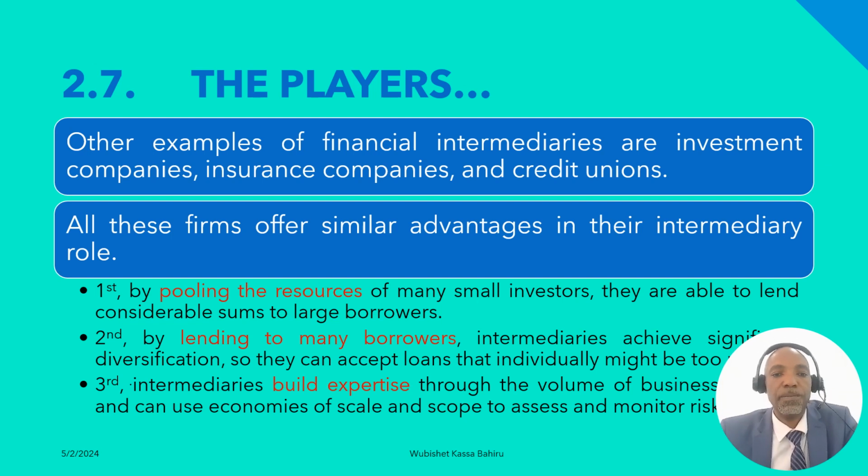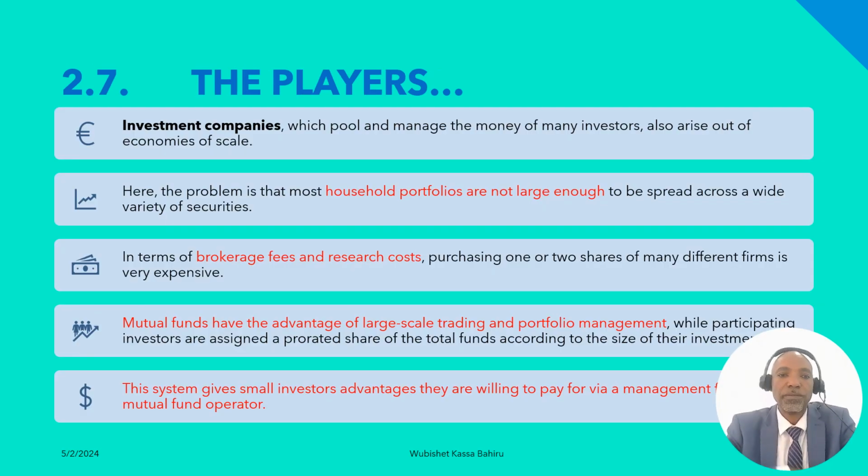The second is that by lending to many borrowers, intermediaries achieve significant diversification, so they can accept loans that individually might be too risky. And the third is that intermediaries build expertise through the volume of their business and can use economies of scale and scope to assess the monetary risks.